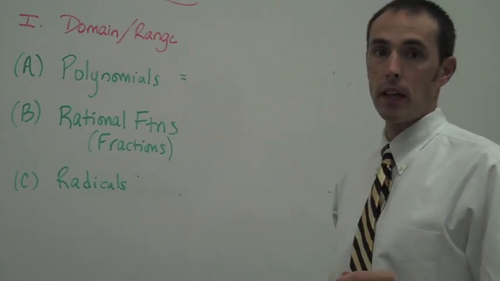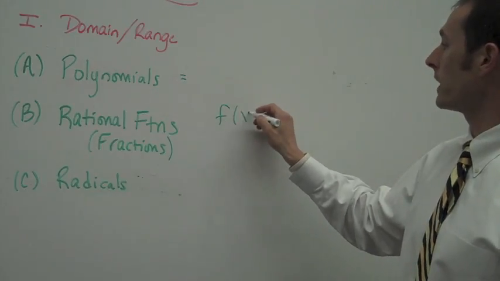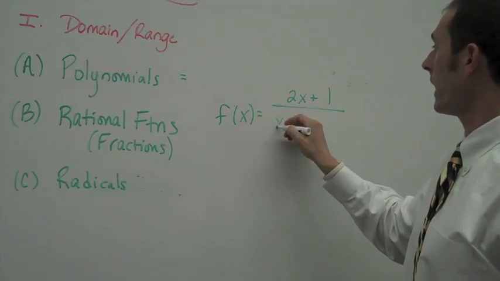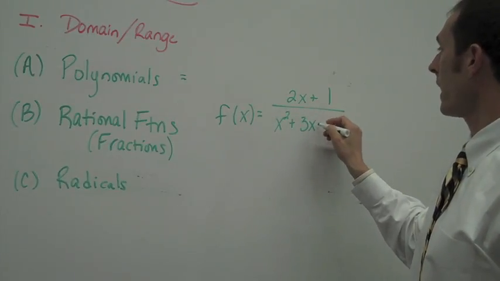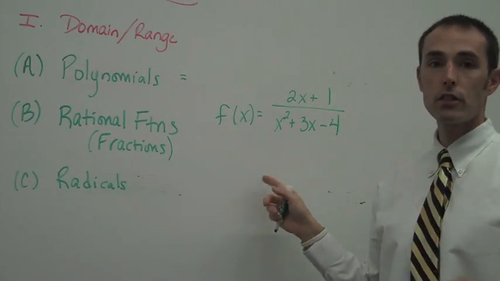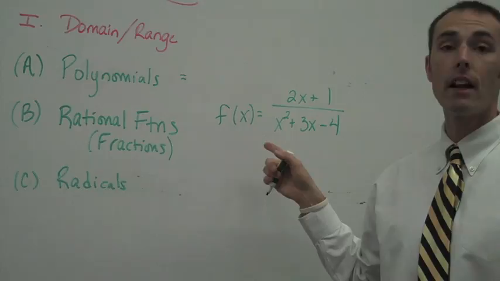Now, the 2 more important cases. First, let's look at rational functions. Let's suppose you had a function like f of x equals (2x plus 1) over (x squared plus 3x minus 4). In this case, our biggest concern is, since it's a fraction, there's one restriction, and that is the denominator can never be 0.